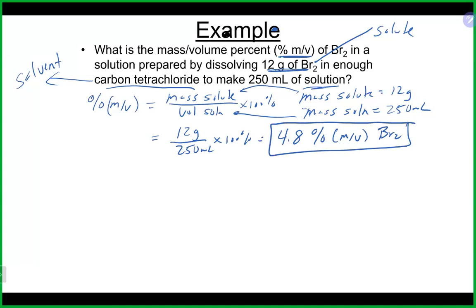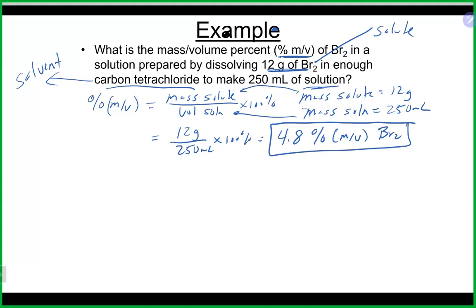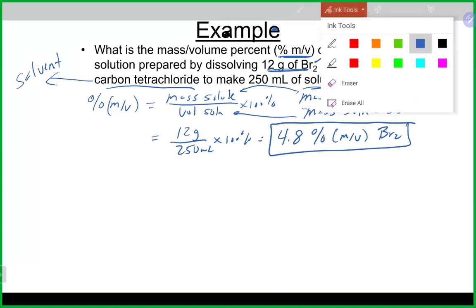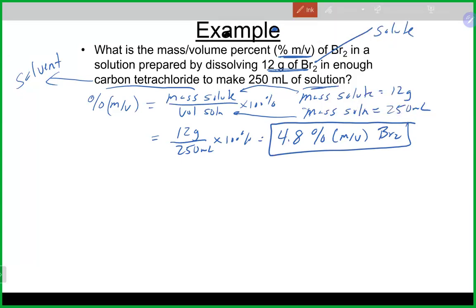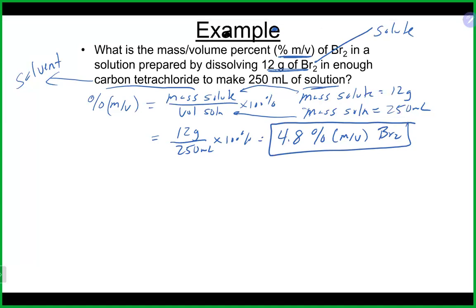This is also a really good example of a place where water would be a terrible solvent. That is because Br2, if you remember, is two of the same atoms, which means that it is a non-polar molecule.